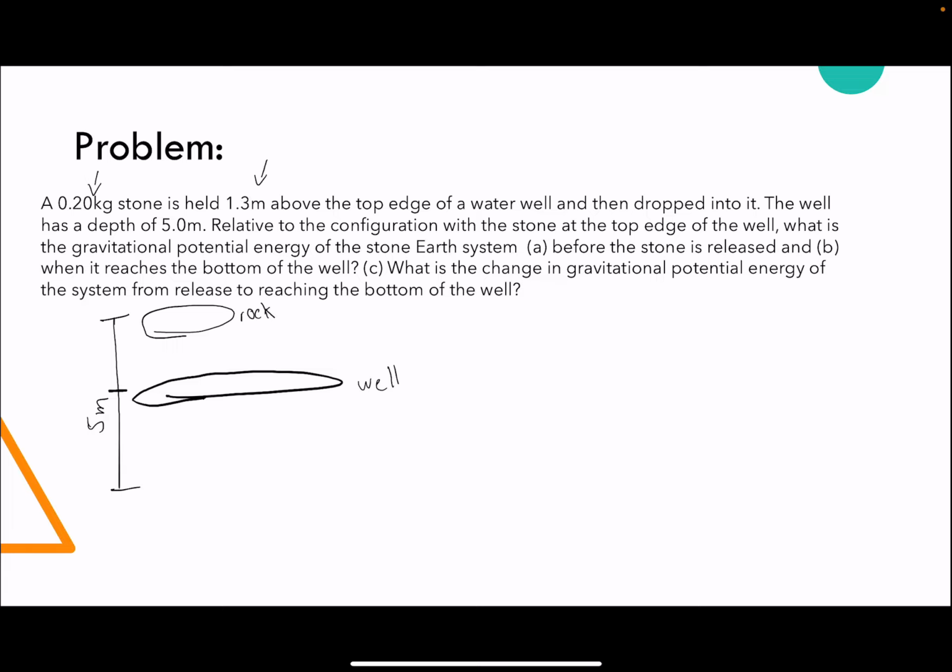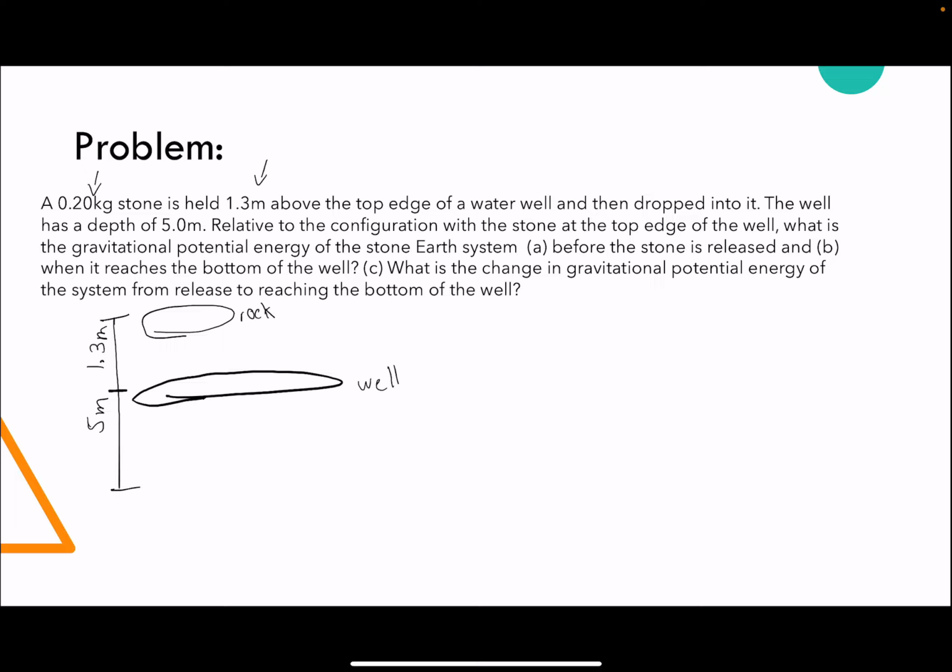And the stone is held 1.3 meters above the top edge of the water well. So we are asked, A, before the stone is released, and B, when it reaches the bottom of the well, what is the change in gravitational potential energy of the system from release to reaching the bottom?